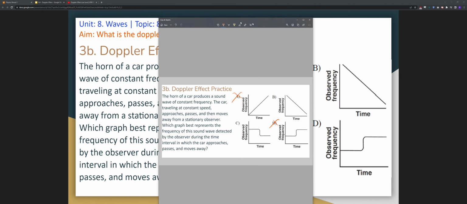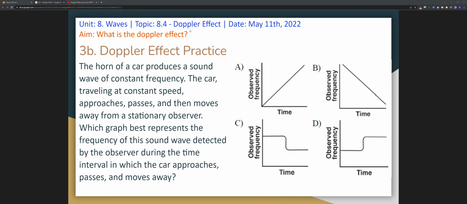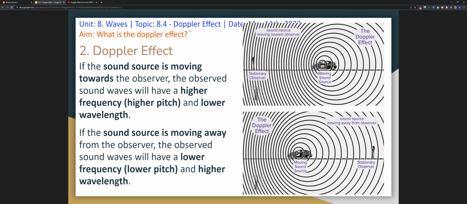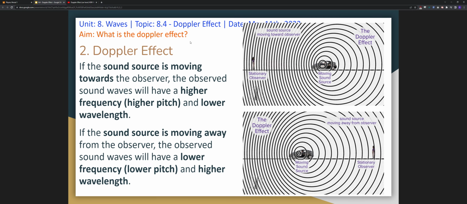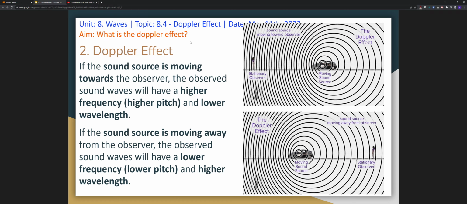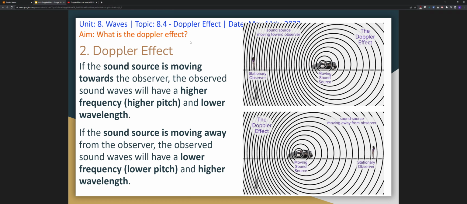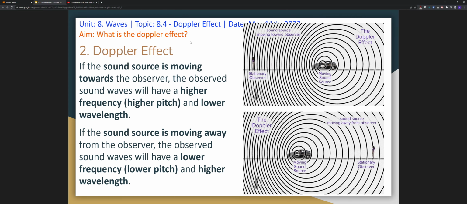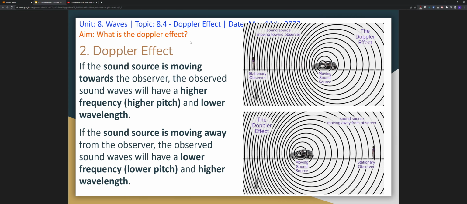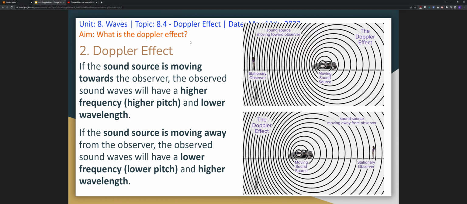Now, you have to realize that the frequency and the wavelength of your waves are constant if you're moving at a constant velocity, which in this question you are. This is very important.